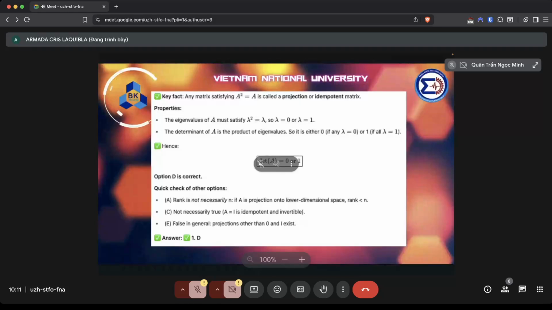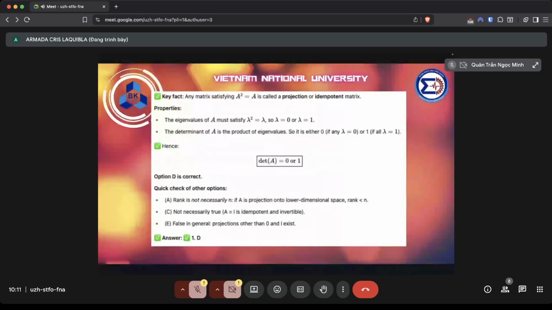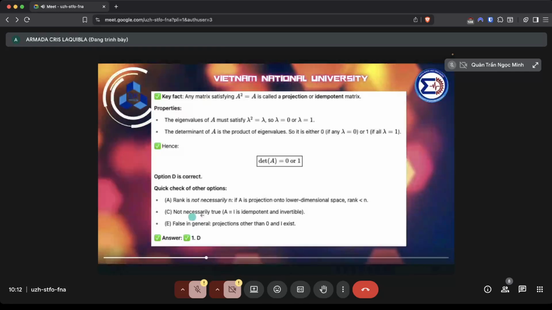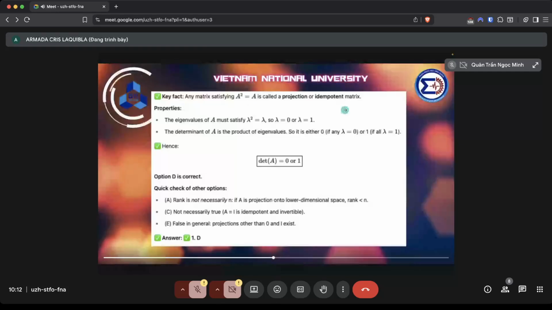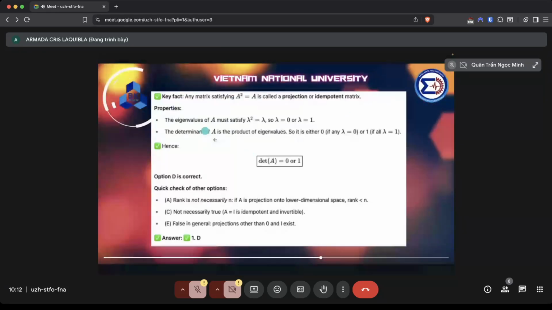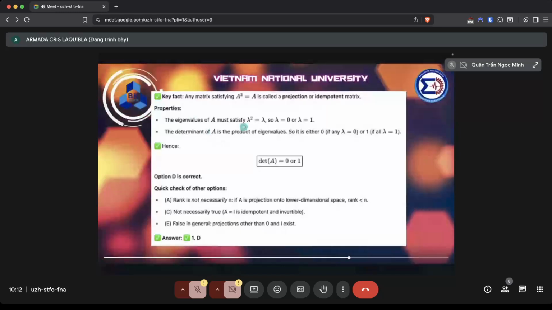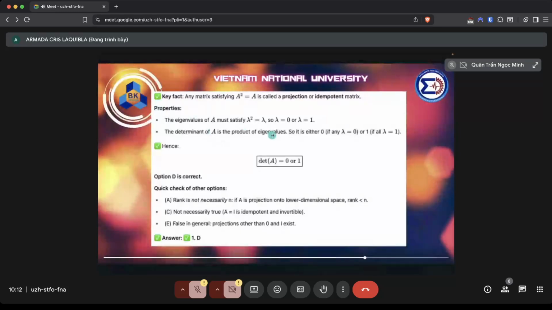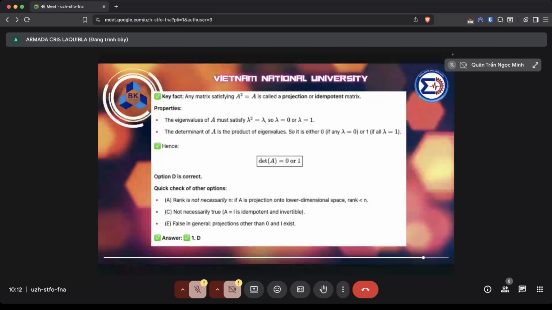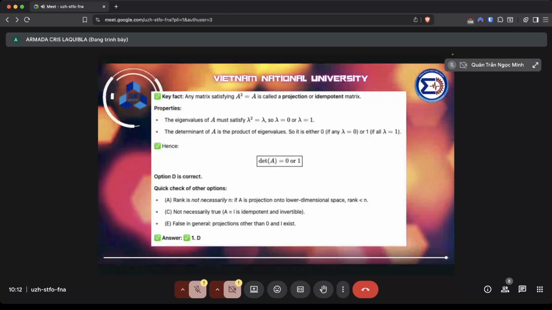So we have here some reasons why A, C, and E are wrong. A squared equal to A is called a projection or idempotent matrix. By the way, this topic is located at the last part of our lesson.